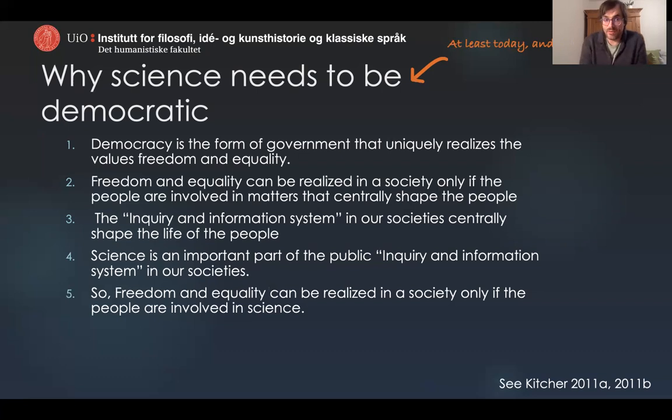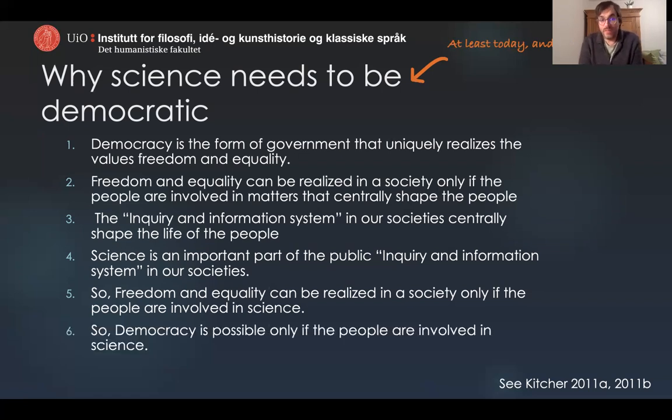But then it seems like freedom and equality can be realized in society only if people are involved in science, because otherwise their lives are centrally shaped by something, science, in which they have no say. To that degree, they're not free. But that seems to show that democracy, real democracy, is possible only if the people are involved in science.